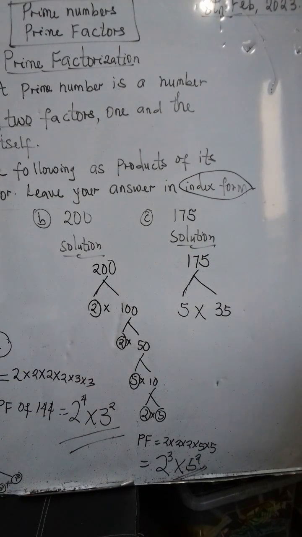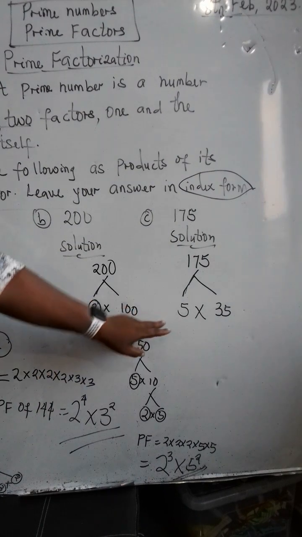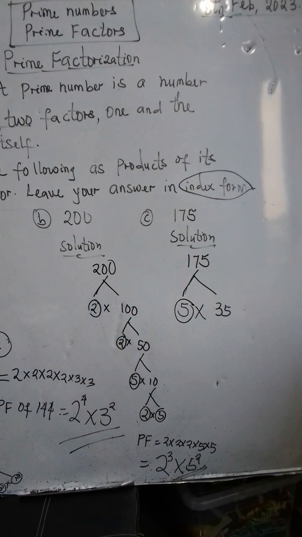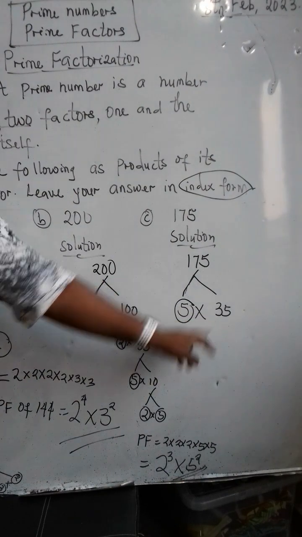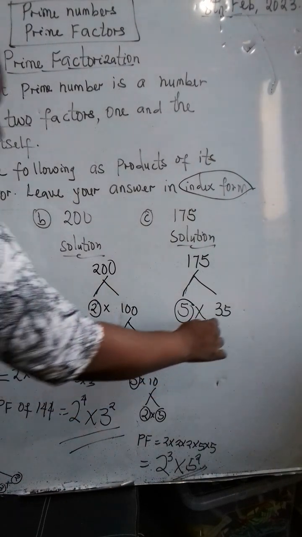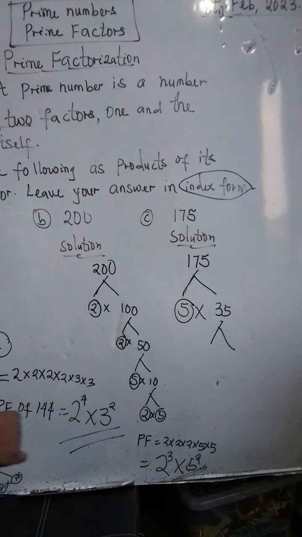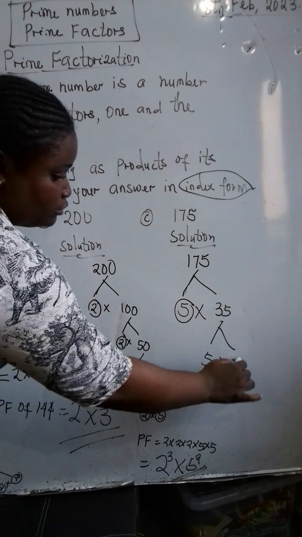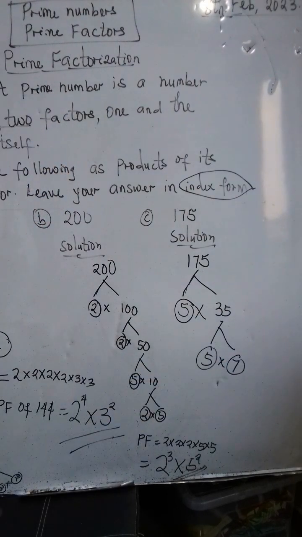5 is a prime number, true or false? Okay, because 5 is a prime number, see what I'm going to do? I'll just circle 5. 35, what will work here for 35? What times what will give me 35? 5 times what? 5 times 7. Prime number, prime number. Is that not true?